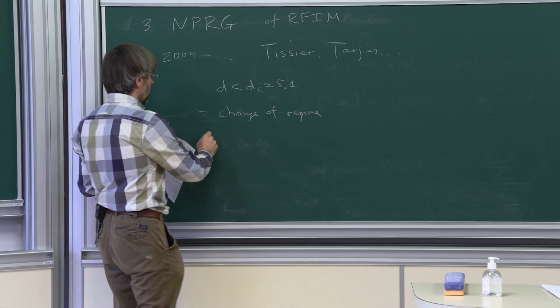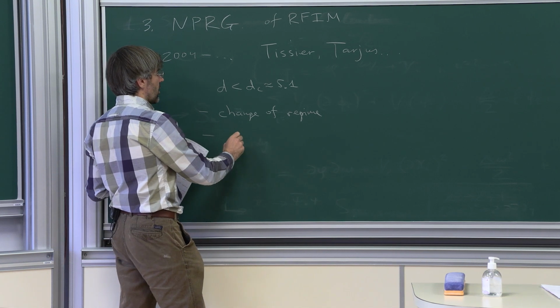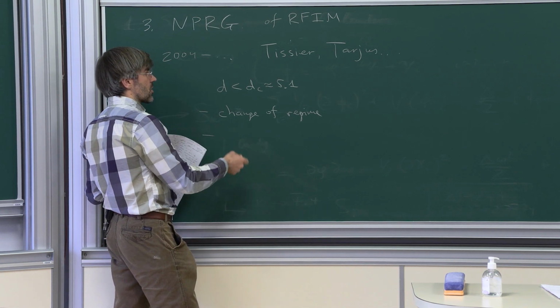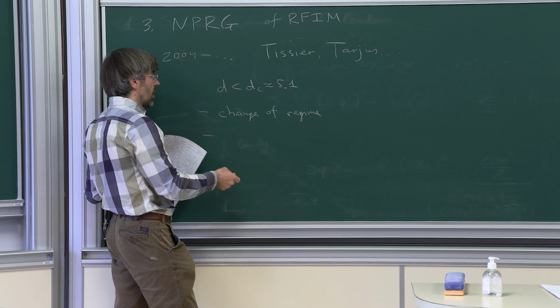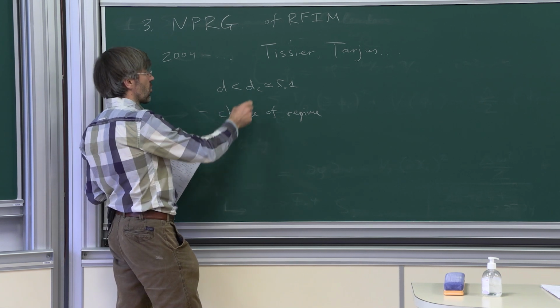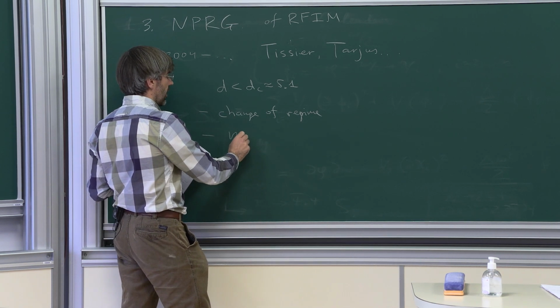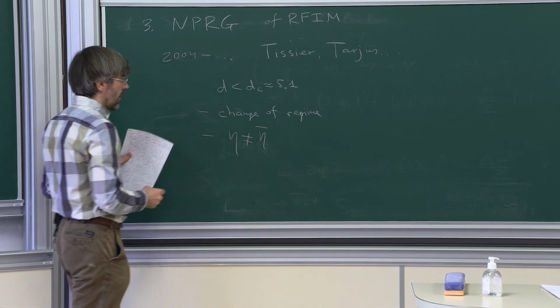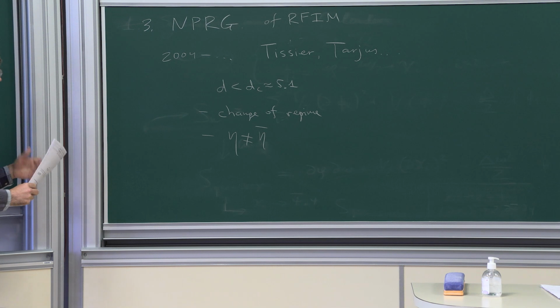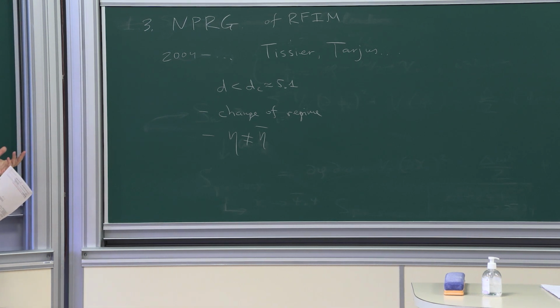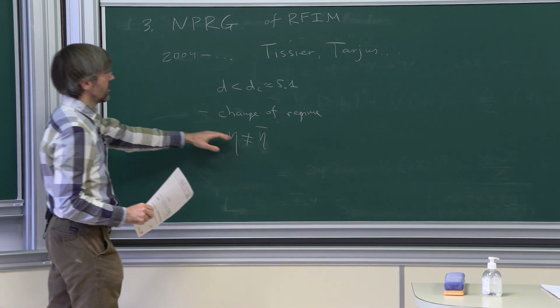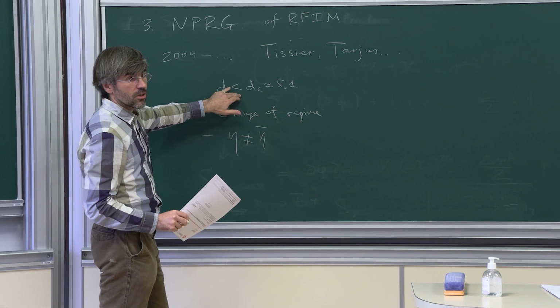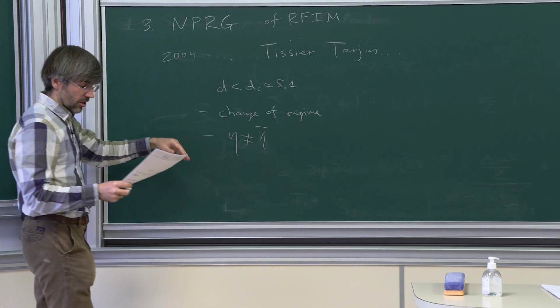But also they notice that supersymmetry, certain relations of critical exponents which are implied by supersymmetry, get broken in this regime. For example, they find that these two exponents, eta and eta bar, which I introduced in previous lectures, which have to be equal in supersymmetric theories, are indeed equal if d is larger than d critical, and not equal for d less than d critical.